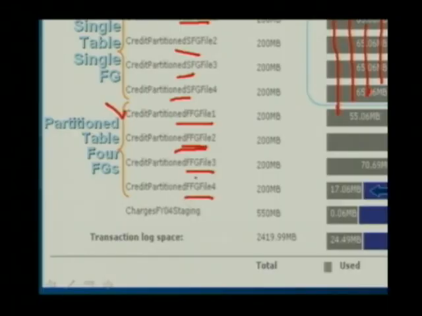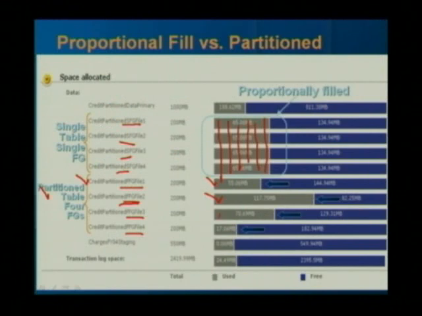So 4 files, but each one is in a file group. And then I took one object and placed it over those 4 file groups. So now I had very functionally based partitioning. Only January's data went here. Only February's data went here. Only March's data went here. And since April was in the midst, let's say in this diagram, it's still being populated and loaded.